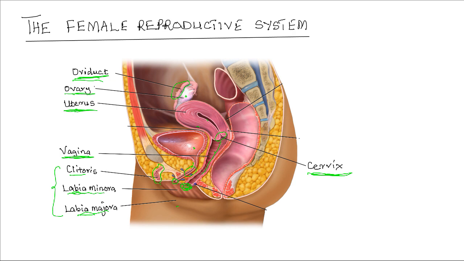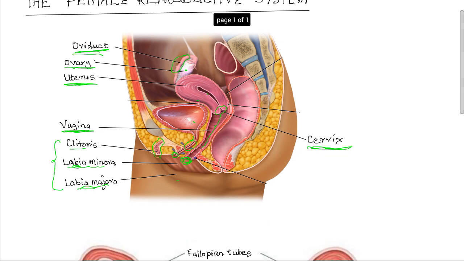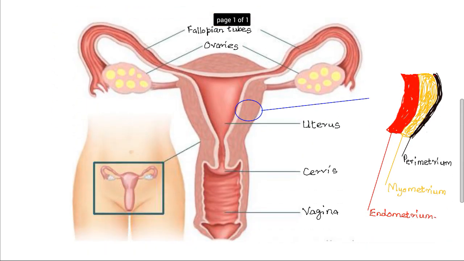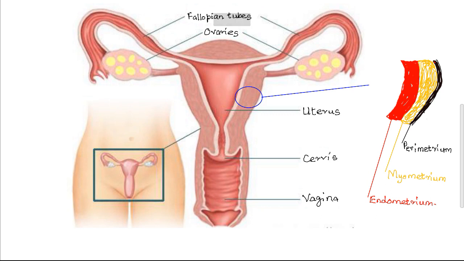Now, let us discuss the various components of the female reproductive system using this illustration here. So, basically, this is the position of the female reproductive system within the body of a human female. We start by talking about the ovaries.